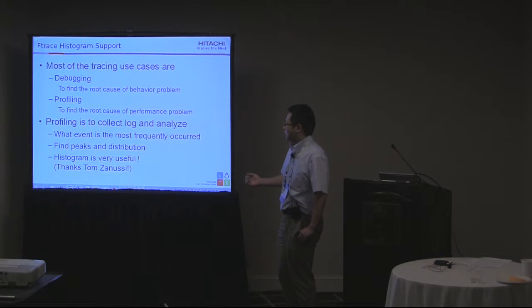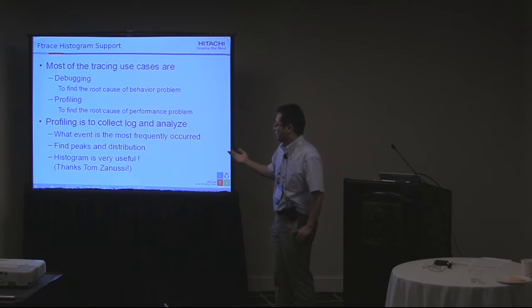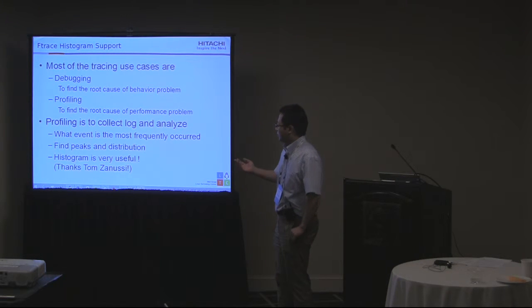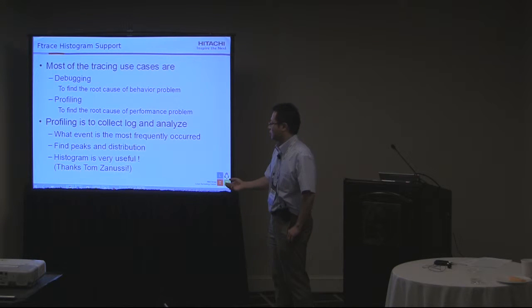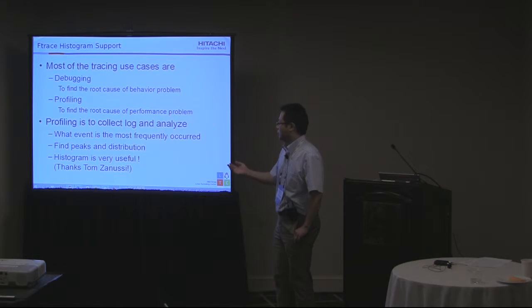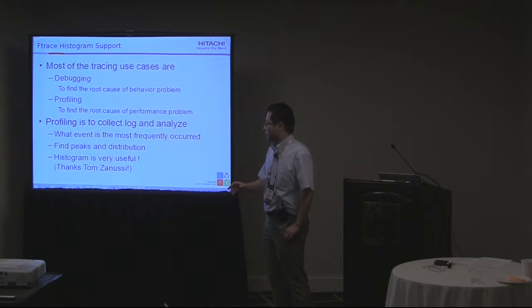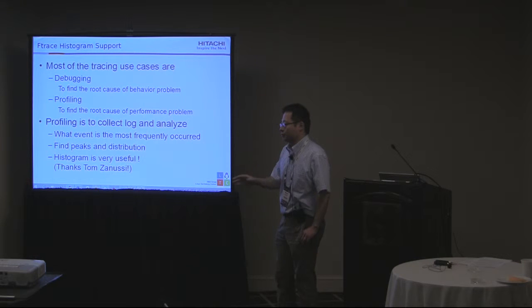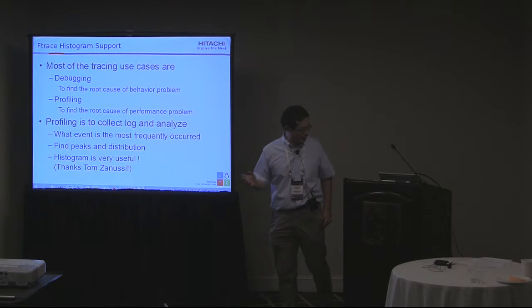For the performance analysis, the most important thing is what event occurs most frequently, and finding peaks and distribution is also important. So the histogram is very useful for that.